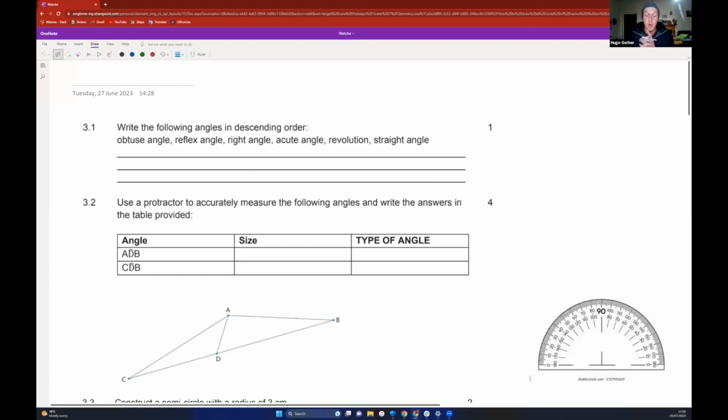We have names for all of those angles, and that's what we call obtuse, reflex, a right angle, acute angle, revolution, or a straight angle. That sounds confusing, but a straight angle, we all know what that is. Please write them in descending order.